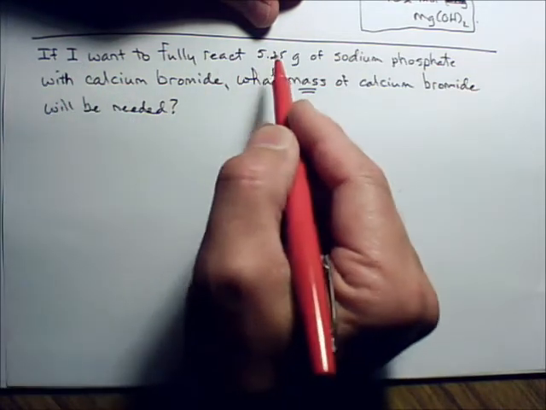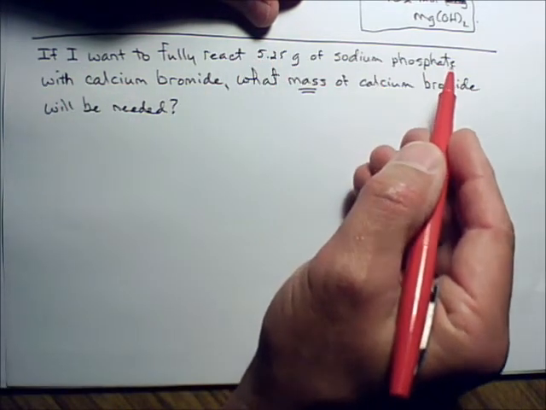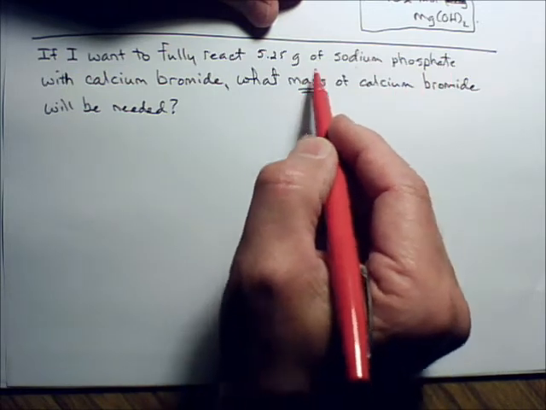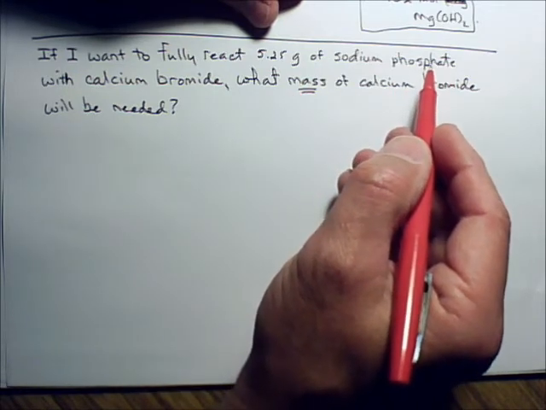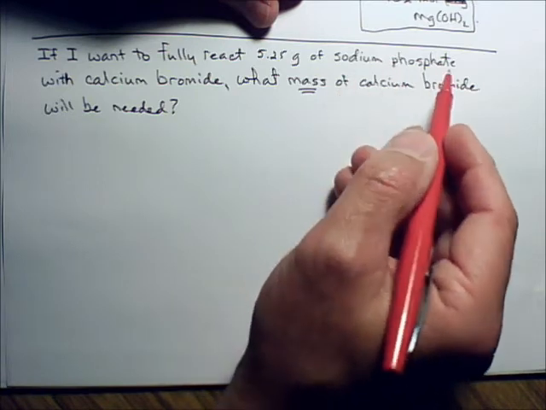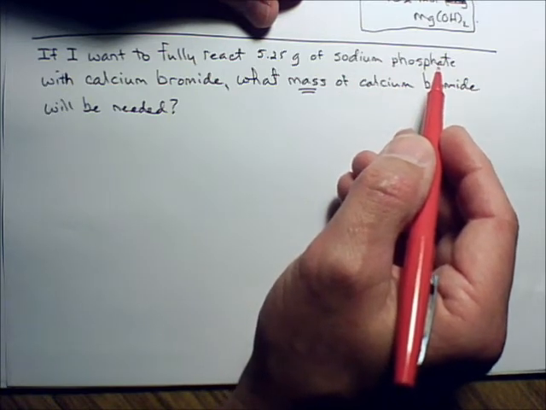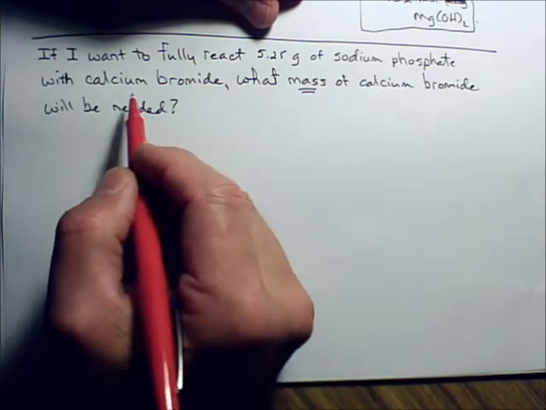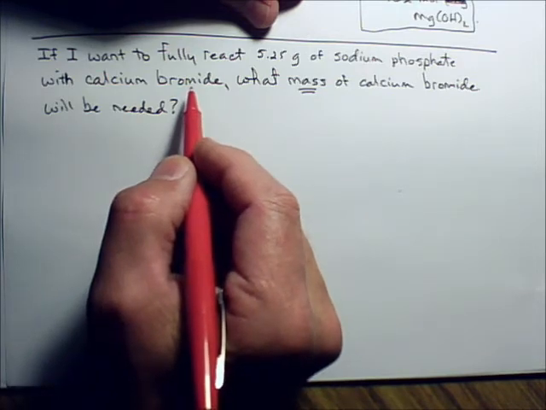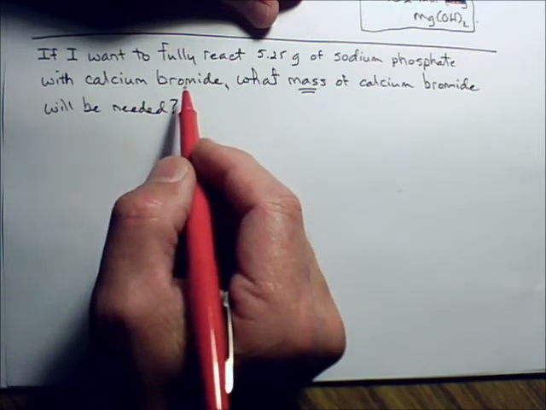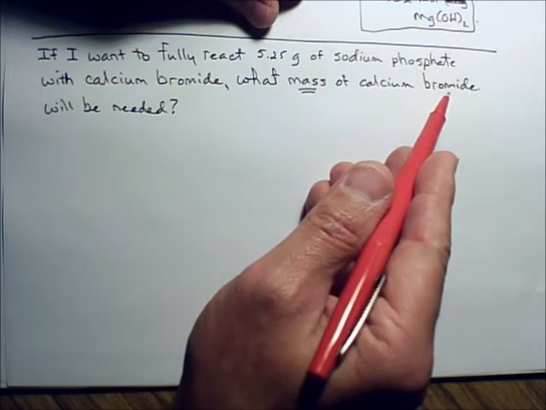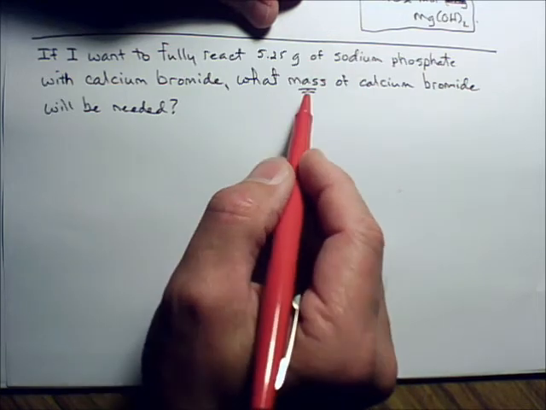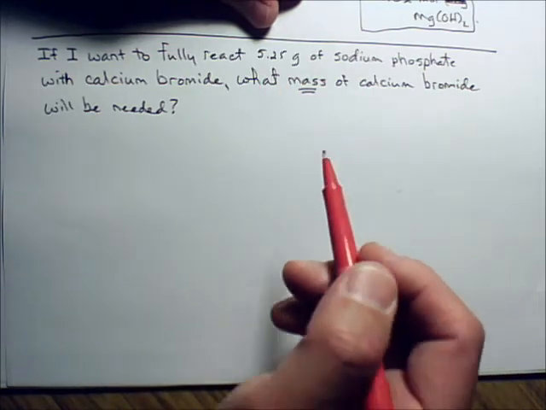So you're going to start with this starting amount over 1. You're going to have to calculate molar mass, just like we did, to find the moles of sodium phosphate. Then a molar ratio to get to the moles of calcium bromide. I've added an extra step because I want you to find the mass of calcium bromide, so you're going to have to find the molar mass of calcium bromide to convert to the mass.